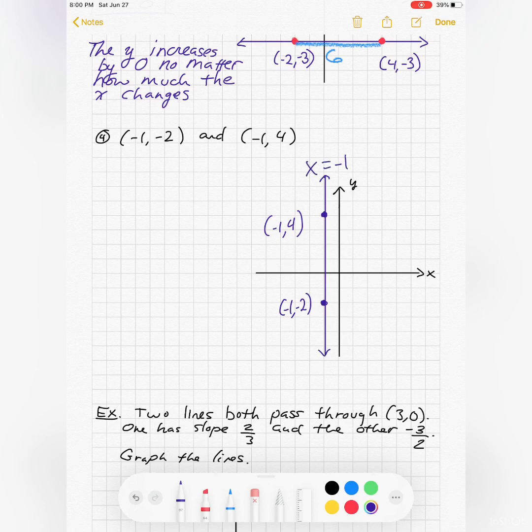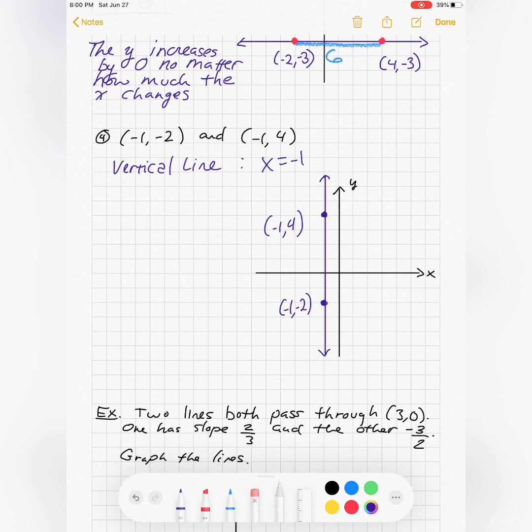That line, remember, was a special line called a vertical line. And the equation of that line would be x equals negative 1, because no matter where I am on that line, no matter what the y is, the x is always stuck at negative 1.